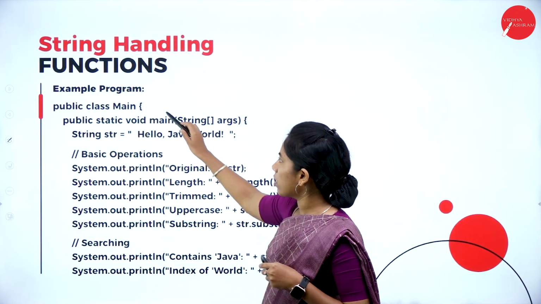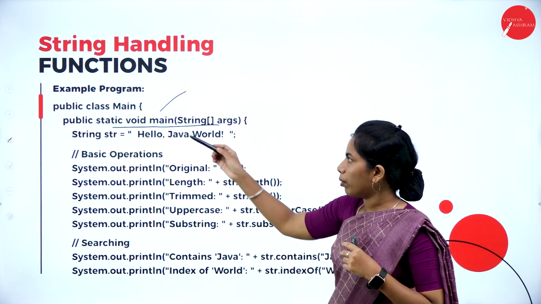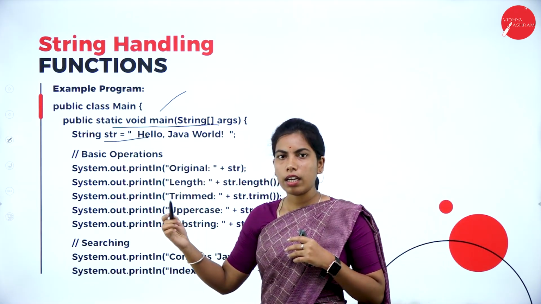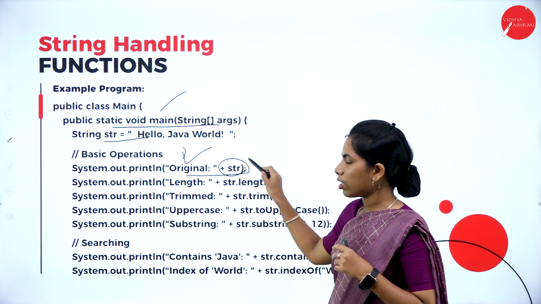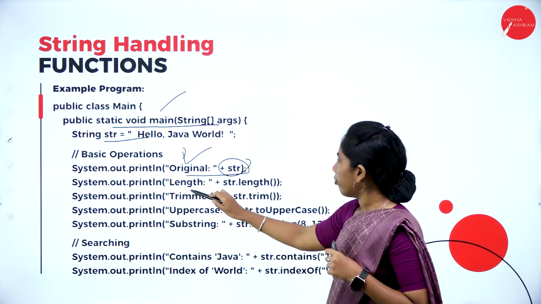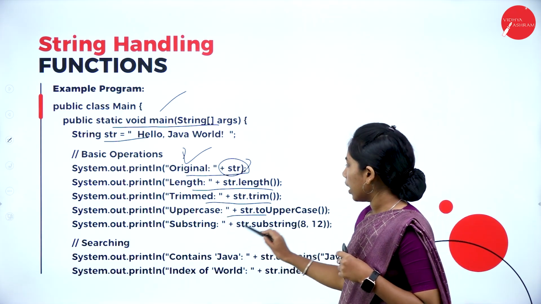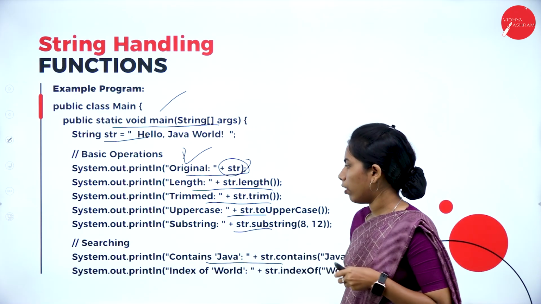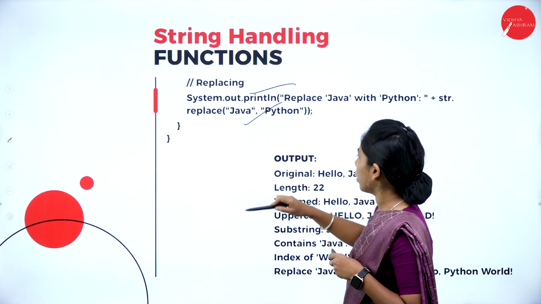And also next we can see one example program. For that, declare one main function and declare one str. Basic operations: the original str is printed as it is, then for the length, str.length, for trim, str.trim, toUpperCase, toLowerCase, and contains Java. And next we can see replace also.